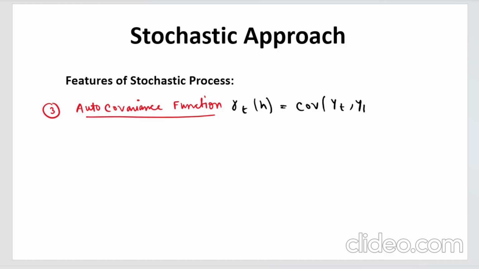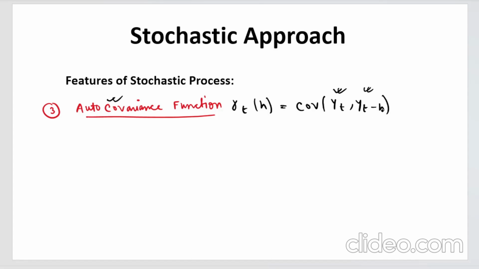So it is defined as the covariance of yt and yt minus h. Why is this autocovariance? Because we are applying the covariance of the same stochastic process yt, but at two different time points. Here it is t, here it is t minus h. So you are taking the covariance of yt in period t and some lag value of t, where the lag is defined as minus h.